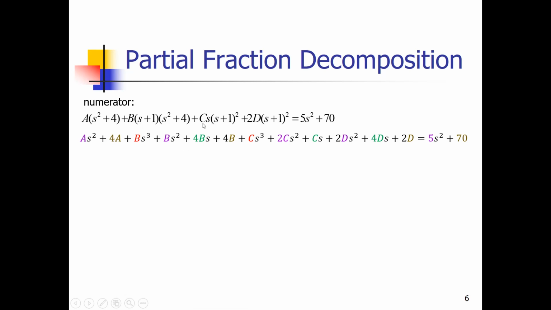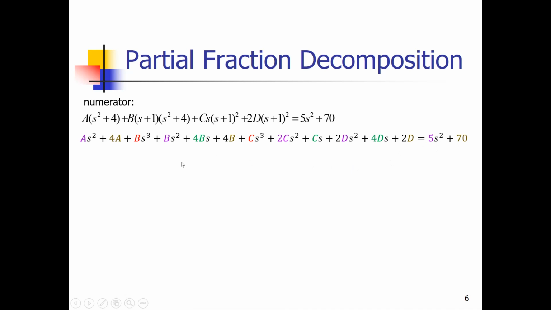This yields c times s squared is c times s to the power of 3 plus 2 times s times cs is 2 times c times s squared plus 1 times cs is 1 times cs over here. This yields 2 times d times s squared plus 4 times d times s plus 2 times d, and that all should be the same at the right side of the equation, which is 5 times s squared plus 70.